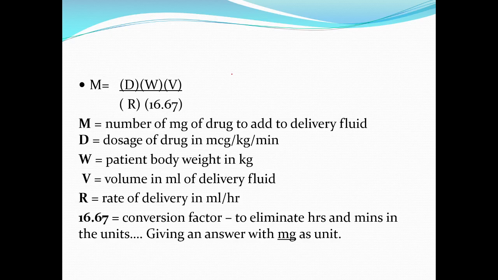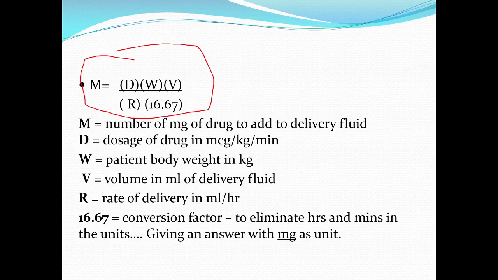Basically, it takes the hours and the minutes in the units and gives you an answer in milligrams. M is the number of milligrams, milligrams of drug to add to the delivery fluid. If you're solving for M, the formula is M equals D times W times V, divided by R times 16.67.